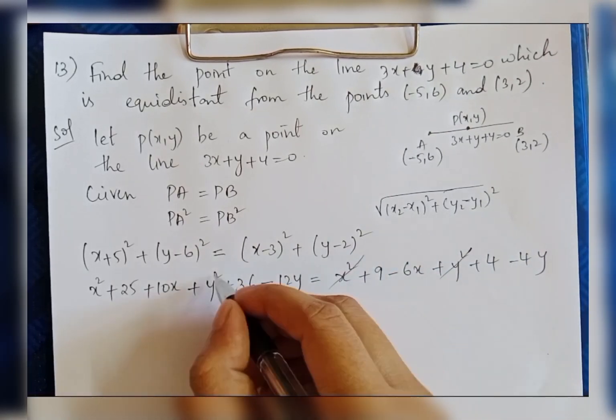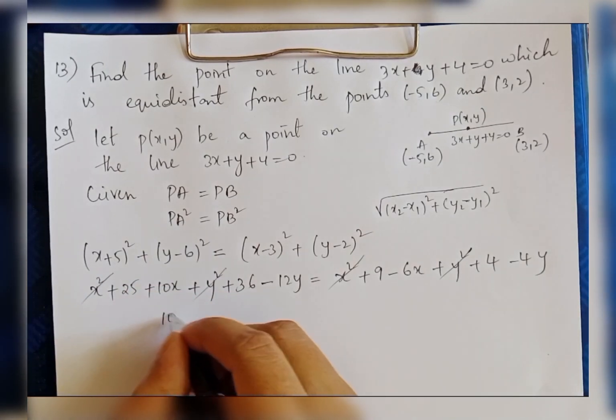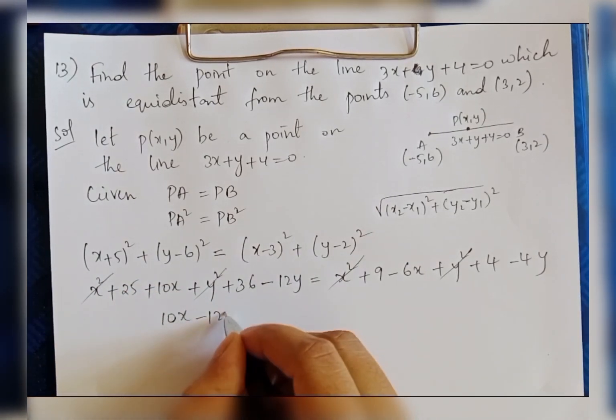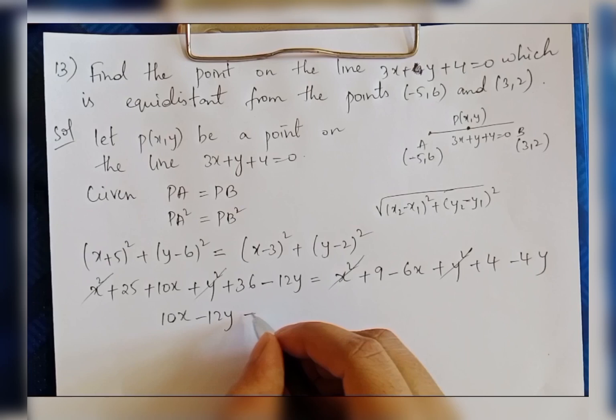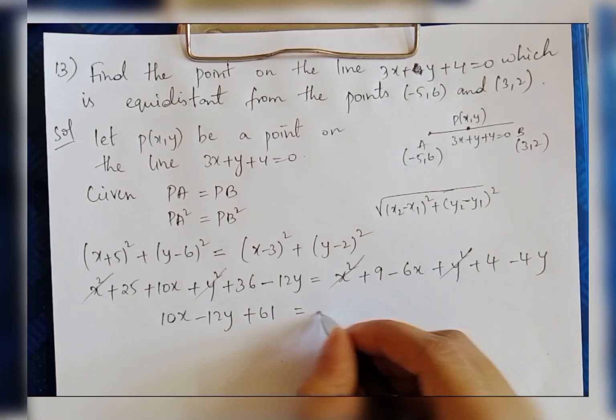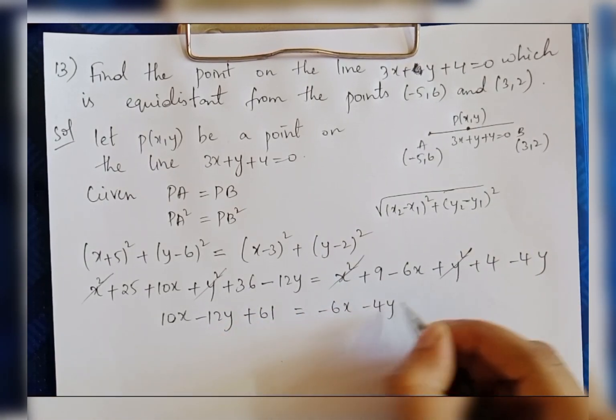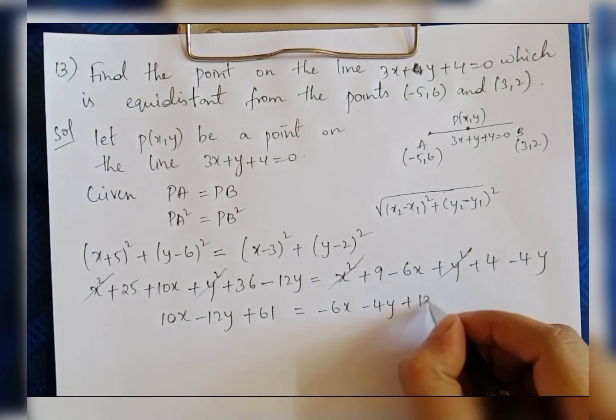Cancelling out the same terms on both sides, we'll be remaining with 10x minus 12y, 36 plus 25 is 61, is equal to minus 6x minus 4y, 9 plus 4 is plus 13.